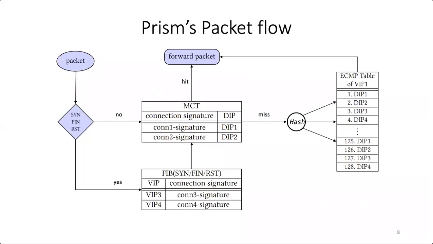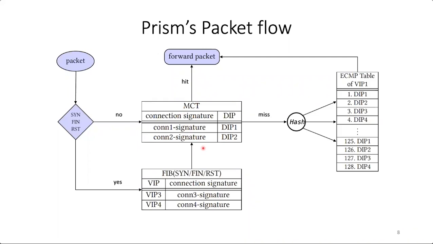Prism's hardware packet flow looks like this. Each packet coming to the load balancer is first checked if it's a special packet of type SYN, FIN, or reset. If this is the case, we forward it through a hardware table called the FIB, which is responsible for learning the signatures of the connection. Afterwards, the packet is forwarded through the MCT table, which has all the mappings for the migrated connections which were affected by the pool update.